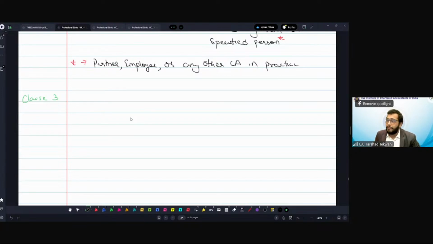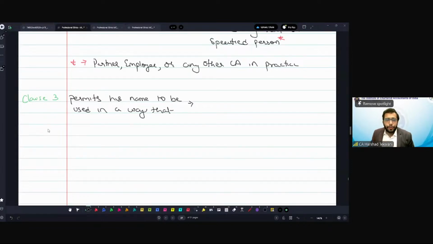So, if a member in practice permits his name to be used in a way that leads to believe, that is very important, it should appear that you are making someone believe that he is vouching the accuracy of forecast.